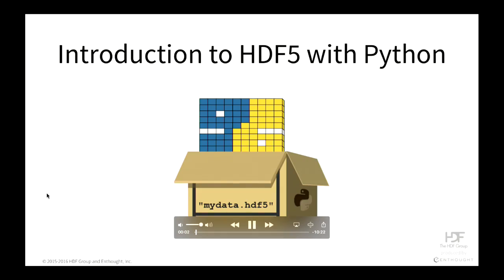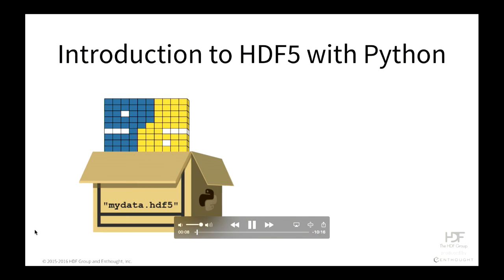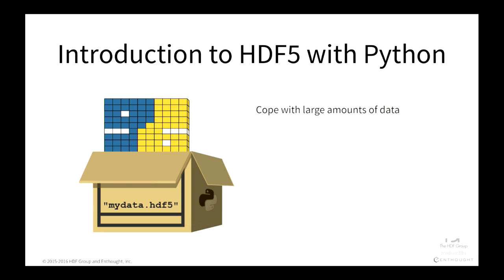In this course, we explore a technology called HDF5 and see how to use it within Python. HDF5 lets you organize, access, and share large amounts of information, along with the context that makes it useful. Although HDF stands for hierarchical data format, as you'll see, HDF5 is much more than a simple file format.